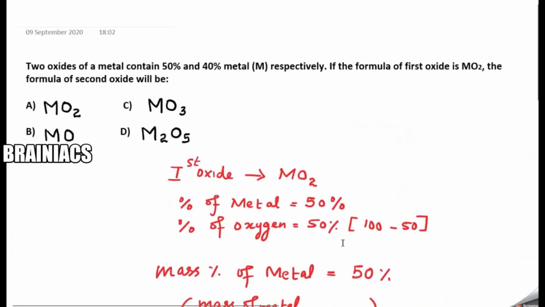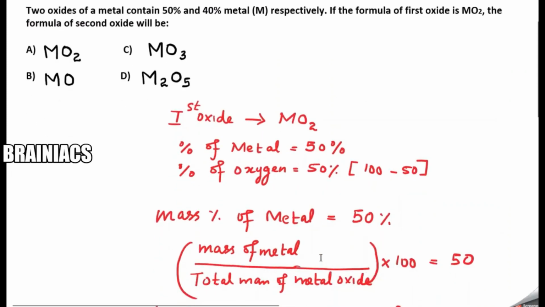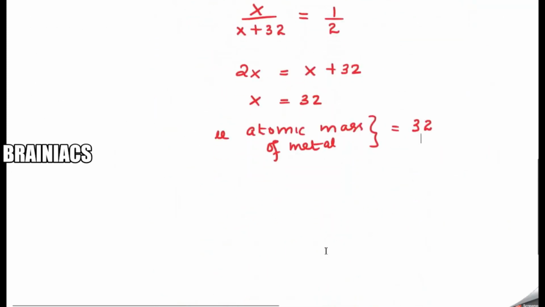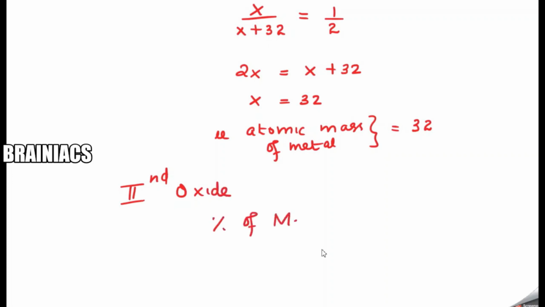So in the case of the second oxide, they are telling that 40% of the metal is there. Correct? So I may say for the second oxide, we don't know the formula. So we write, for the second oxide, the percentage of the metal is equal to how much? 40 percent. So what will be the percentage of oxygen here?